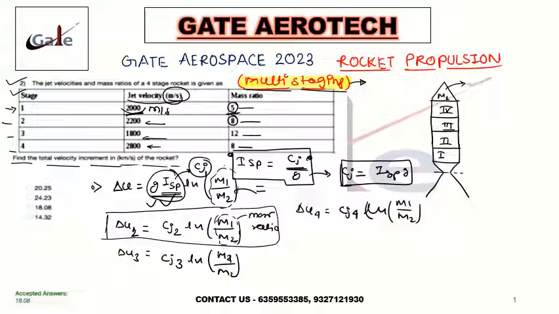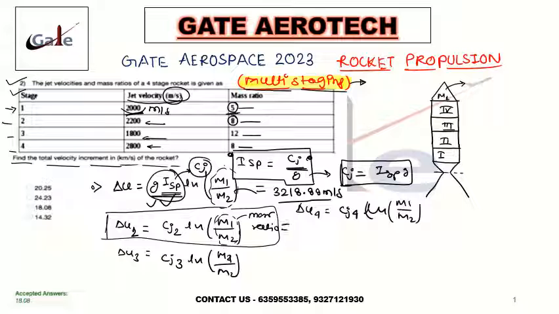Yes, if you calculate for the first stage, the mass ratio is given as 5 and Cj they have given 2000 meter per second. So you will get 3218.88 meter per second. So from the first stage you are getting this much change in velocity in the rocket. Okay.